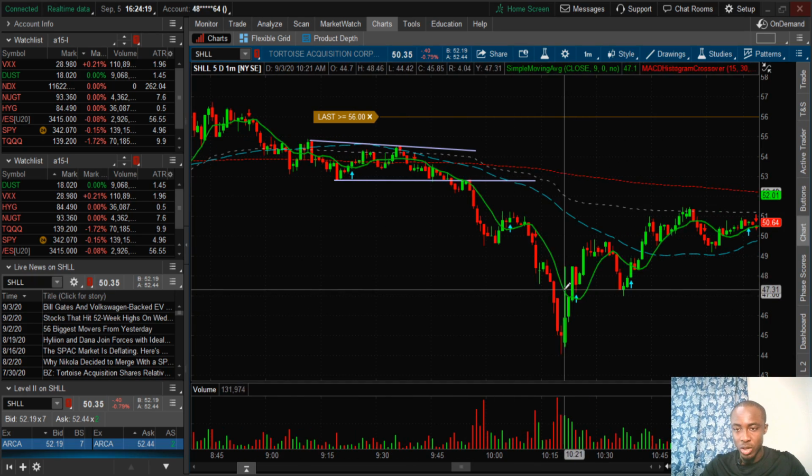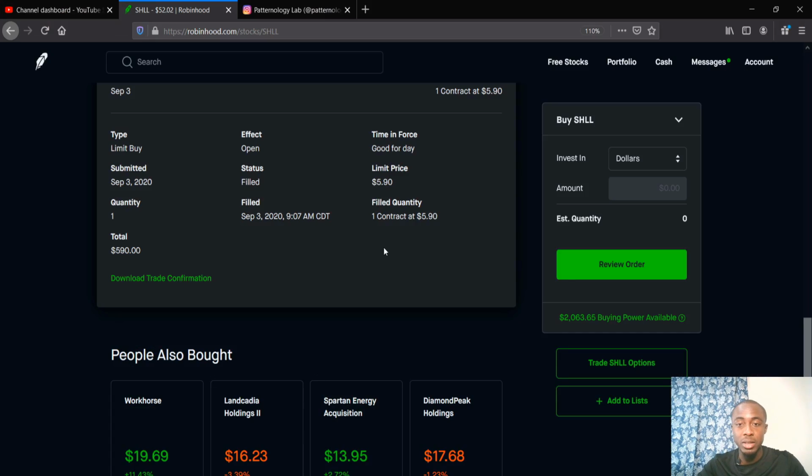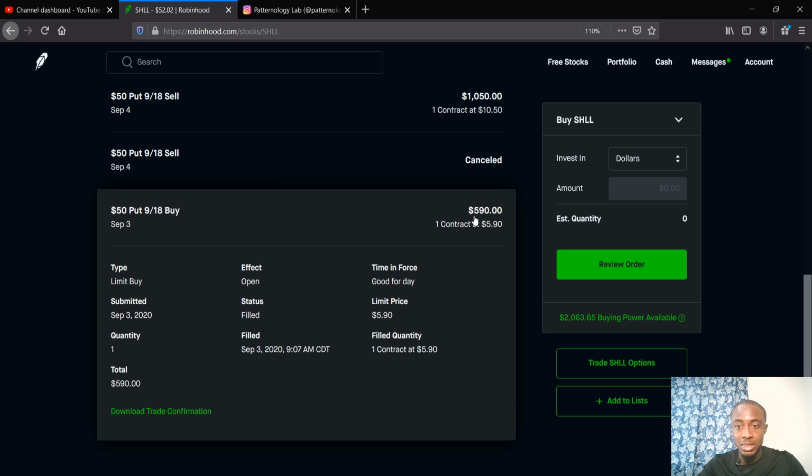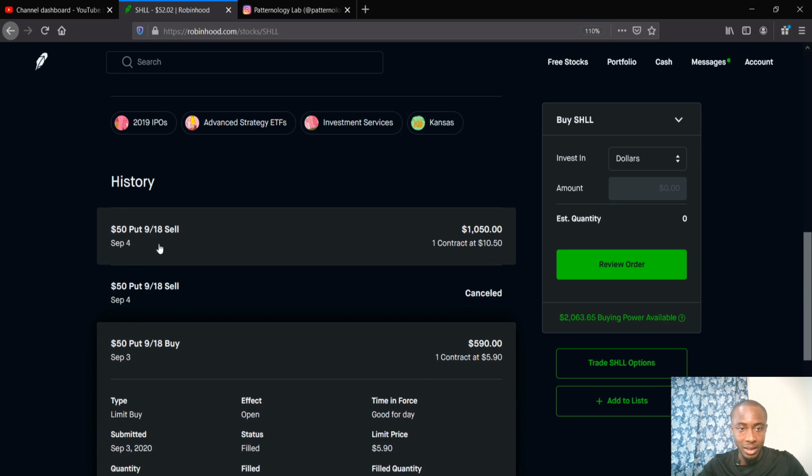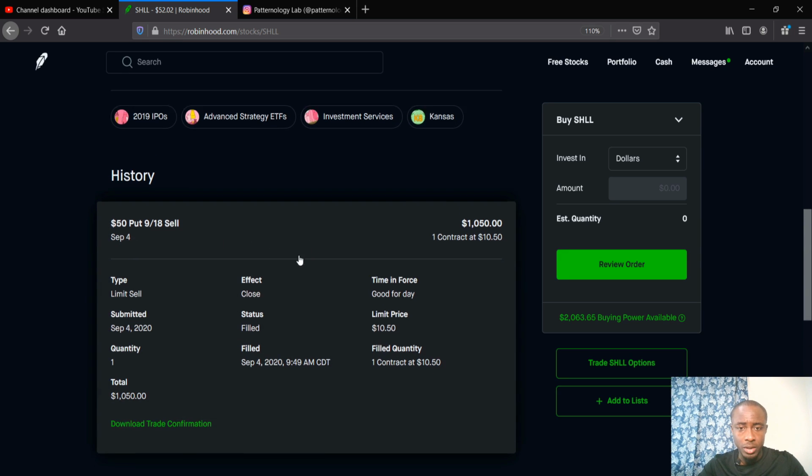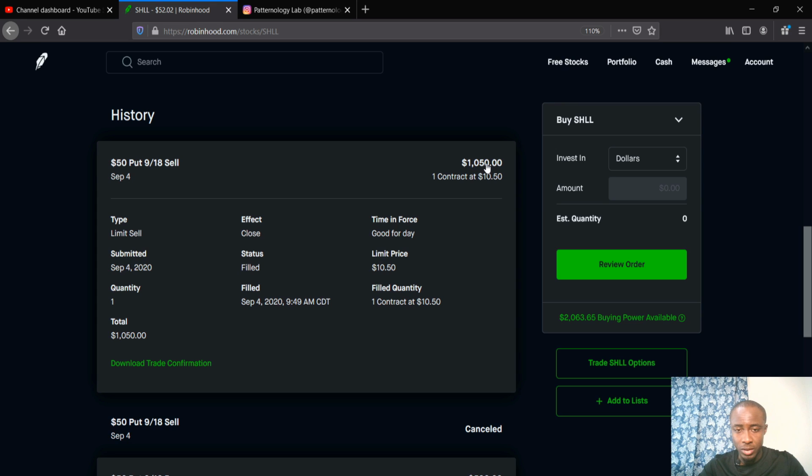I missed this one. So what I decided to do was to wait for the next day. If you go on the Robinhood account again, we can see that I sold this contract the next day on the 4th for exactly $1,050 at 9:59.